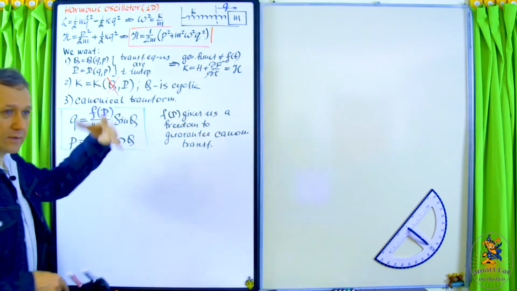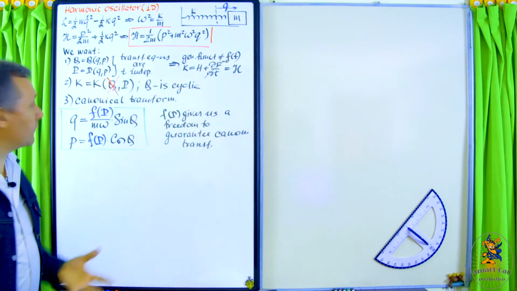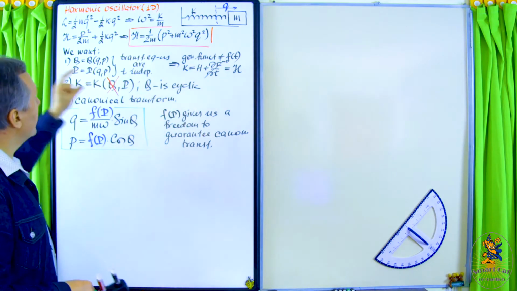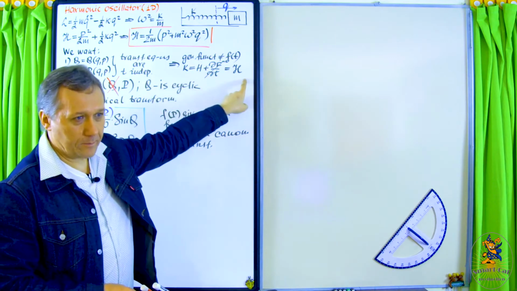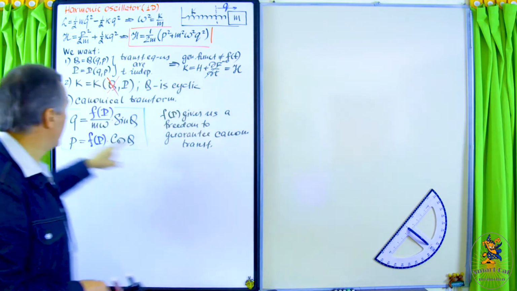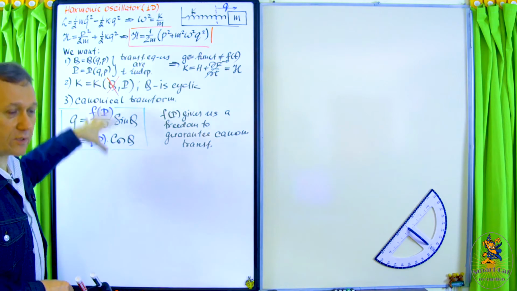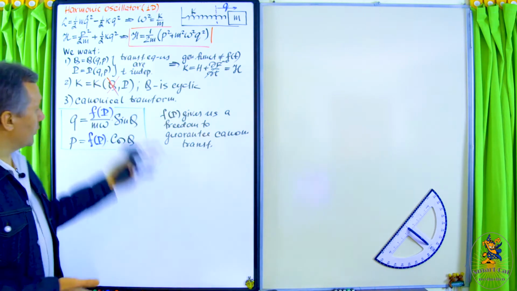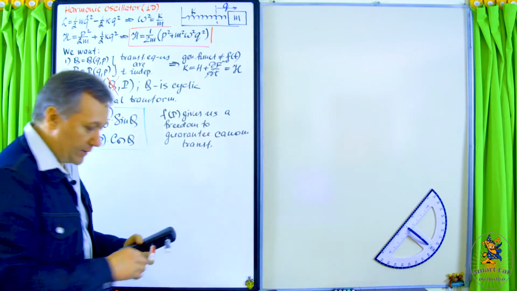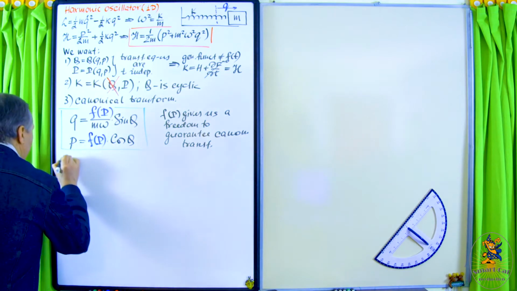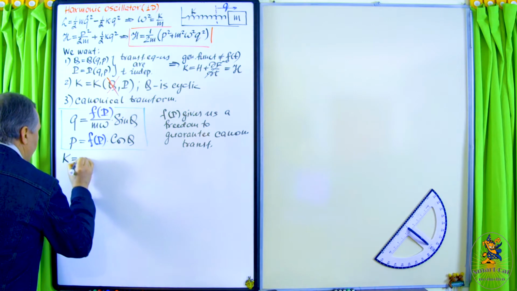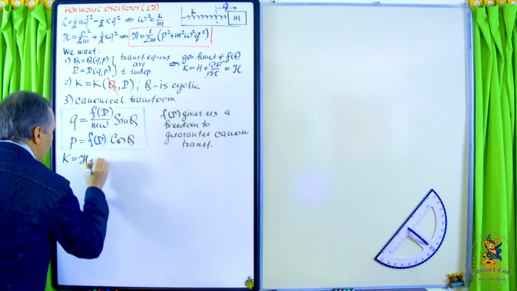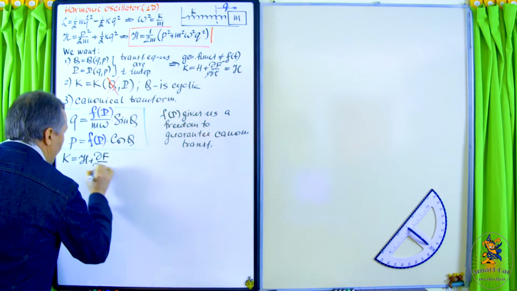Okay, so now next, no, you know what? Before I start discussing the next question, which generating function must be used, let me write down the Hamiltonian, all right? Using this transformation equation, so in this form, to see that Q will be missing, although it's obvious, but let's write it down anyway. All right. Okay, so the new Hamiltonian will be equal, of course, to H plus df over dt.